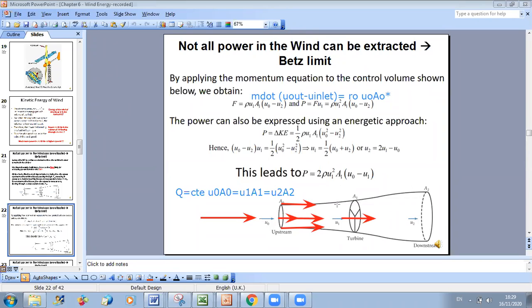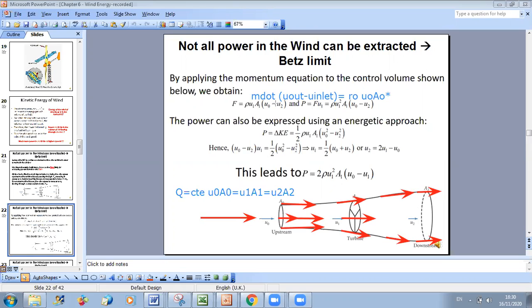So due to separation of the fluid, this will induce a new area over the turbine, which is A1. And if you follow the fluid flow after, at the exit, when reaching the fully developed state, you have the downstream area. And the downstream area is the highest one.